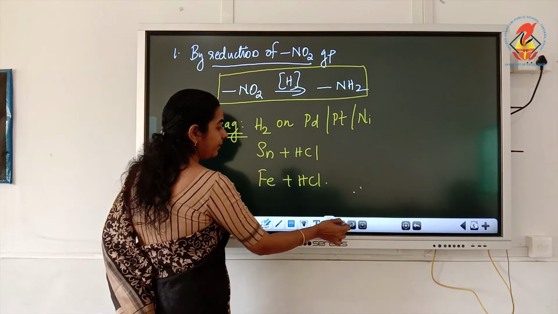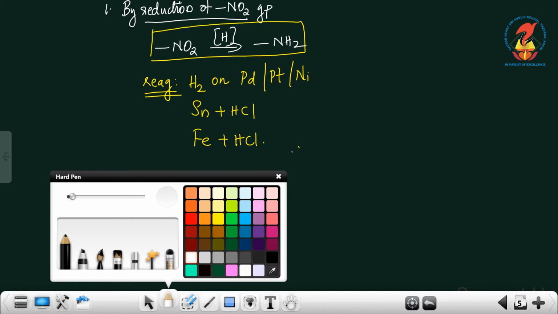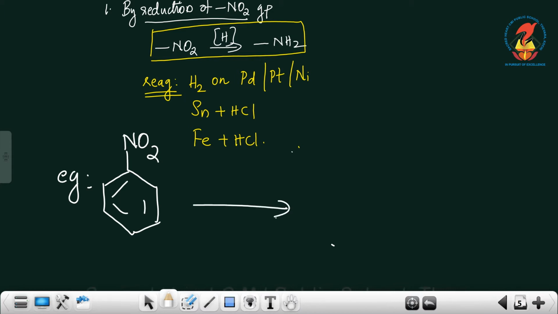For example, a benzene ring containing NO2 on reaction with scrap iron and HCl.